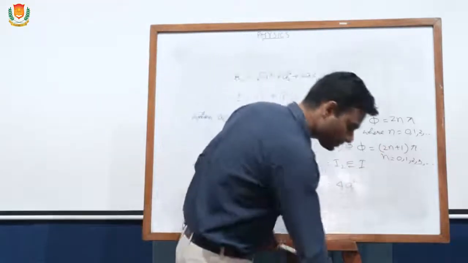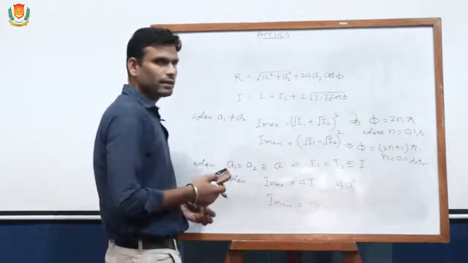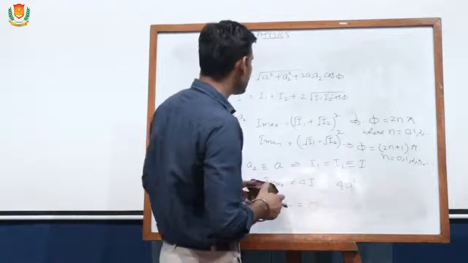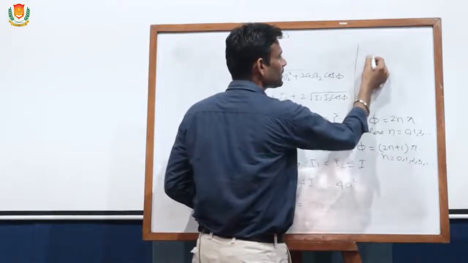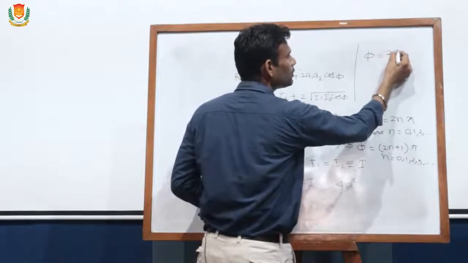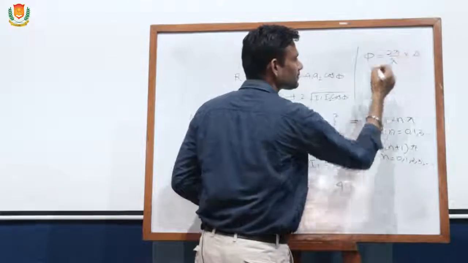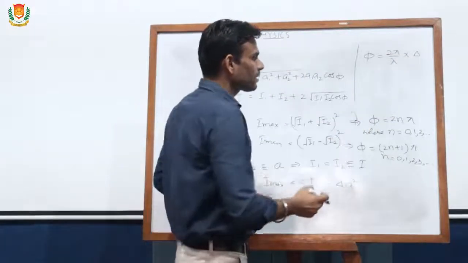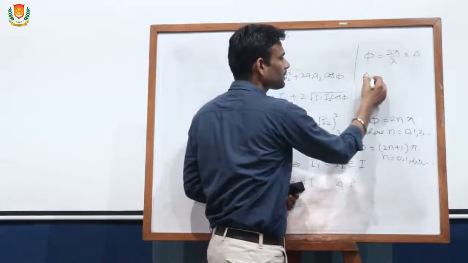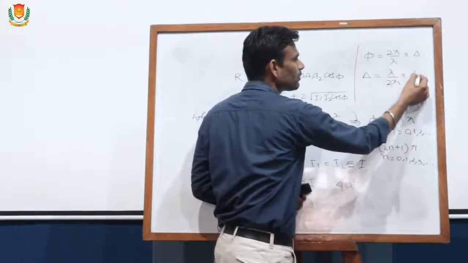Fine. If we calculate path length, then we know the relation between phase difference and path difference. The relation is phase difference equal to 2 pi by lambda into path difference delta. So for maximum intensity, delta will be lambda upon 2 pi into phase difference.